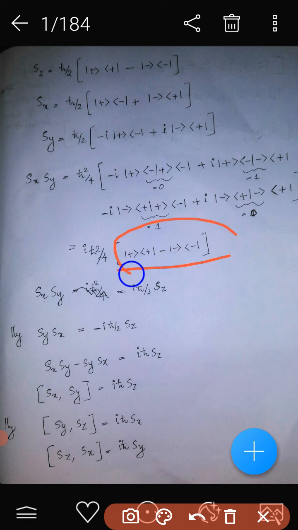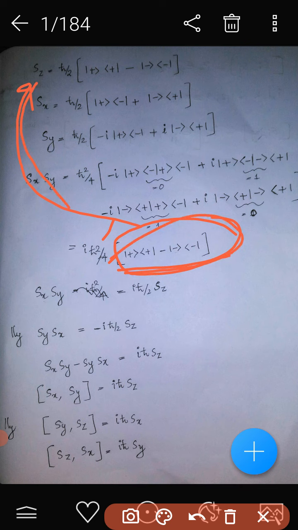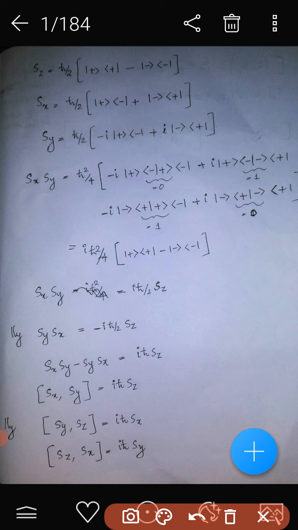But what is this one? This is equal to Sz. Here h cross squared by 4, and h cross squared by 2 into this term is equal to Sz. Therefore, we can write SxSy equal to i h cross by 2 Sz. Similarly, with similar calculations we get SySx equal to minus i h cross by 2 Sz.